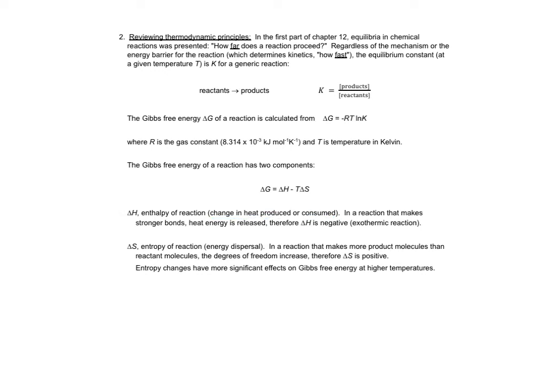And then the change in entropy for a reaction is energy dispersal, the degrees of freedom and how those change, how the degrees of freedom increase when the change in entropy of reaction is positive.